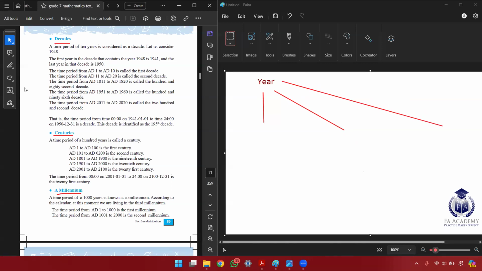Can you see that I have just drawn the lines in different lengths, because decades is known as the period of 10 years, right? So that is decades. Then when we consider centuries, a century is known as a period of 100 years, right?